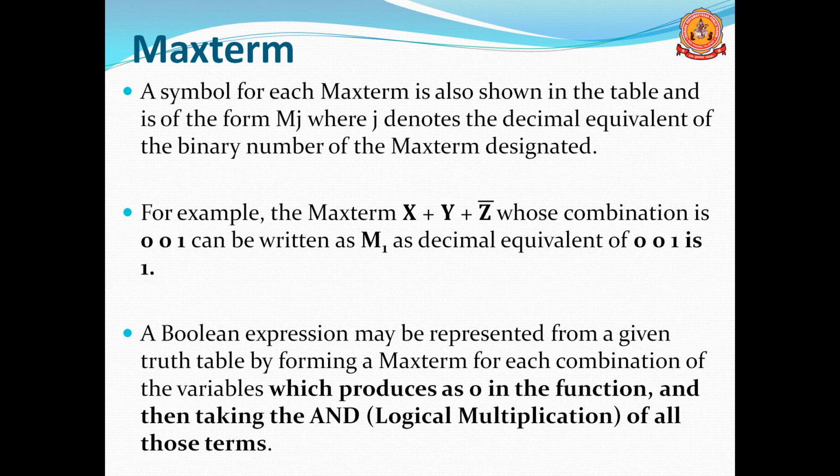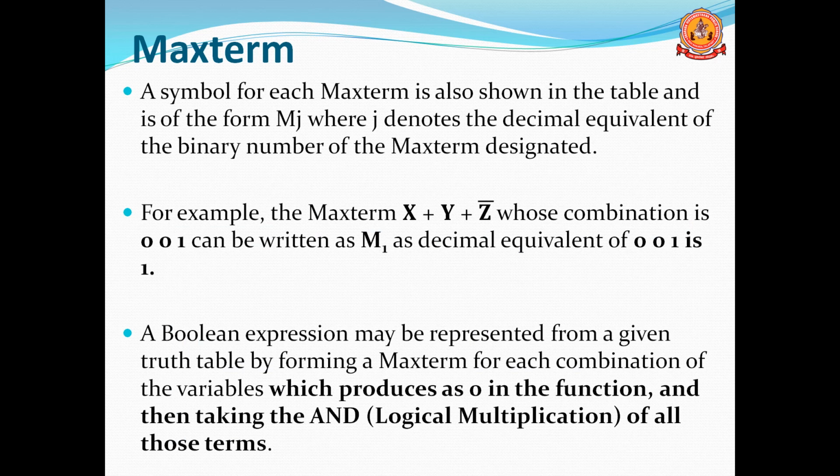We use it in the form of Mj or Mn, like M0, M1, M2, M3, M4, where j denotes the equivalent binary number. For example, take the max term x plus y plus z dash, whose combination is 0, 0, 1, because whenever a variable is complemented we take 1, otherwise 0.